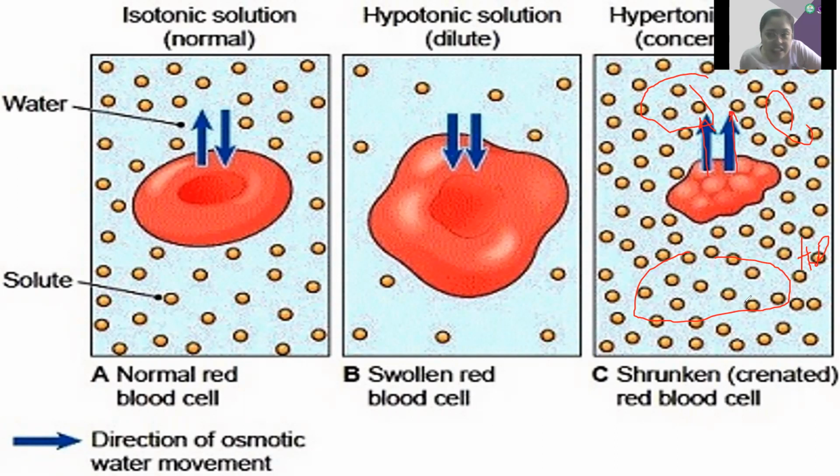They will shrink. Okay? And the shrinking of our cell is called crenation. Our red blood cells will lose water if we inject a hypertonic solution. So be careful of what you are administering to the patient, especially if it is a direct intravenous injection.